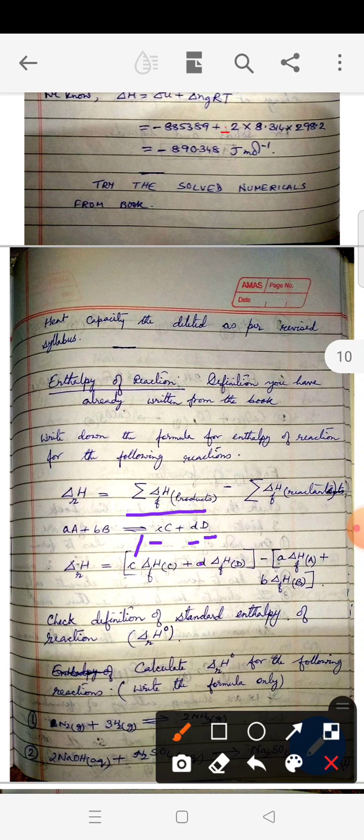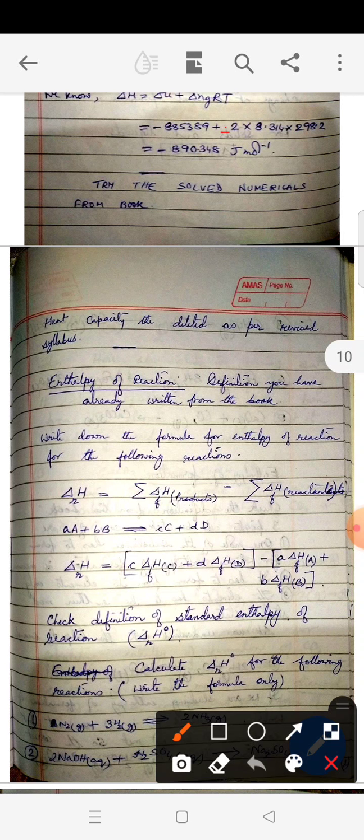So we write c into enthalpy of formation of C plus d into enthalpy of formation of D minus a into enthalpy of formation of A plus b into enthalpy of formation of B. These standard enthalpy of formation values you will get at the back of your textbook in one of the appendices.